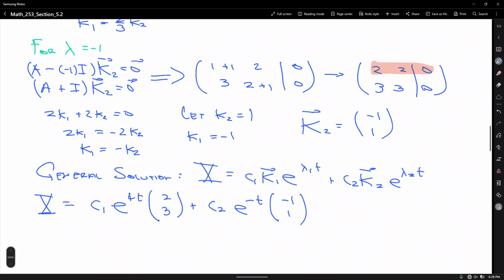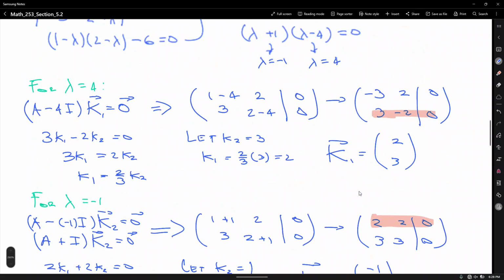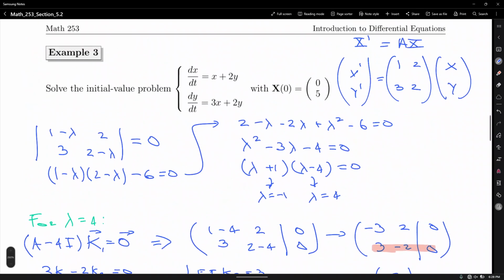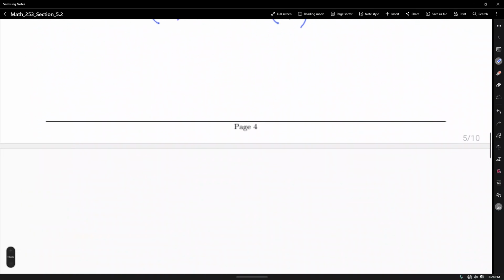What about a particular solution? For a particular solution, let me use the given initial condition, x of 0 equals 0, 5. This means x of 0 equals 0 and y of 0 equals 5, essentially. Again, in both cases, x stands for x, y, or x, y, and z, or however many variables you have. Doesn't matter, okay?